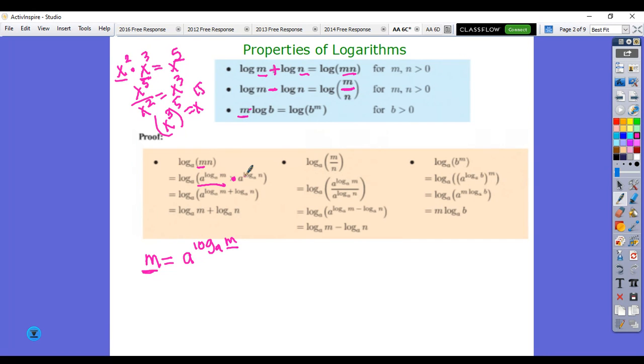Now, if I'm multiplying my bases, I add the exponents. Now this log base a cancels out this a because the bases match and it equals the exponent. So that's why I know this log equals these two separate ones. And we could do that for all three of them. You can look through, but the proofs that you're going to see aren't going to be super complicated. It's just using rules and working through them, and we'll get better at that.